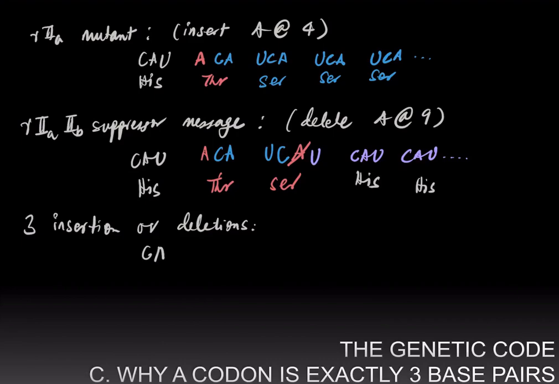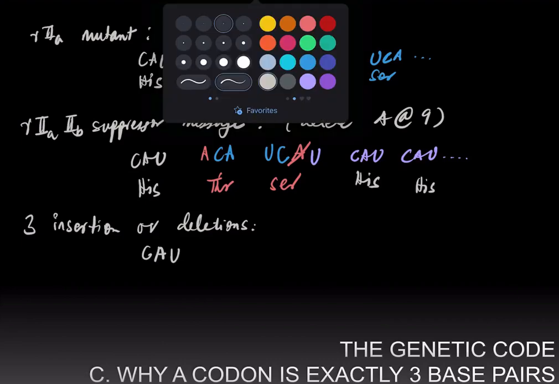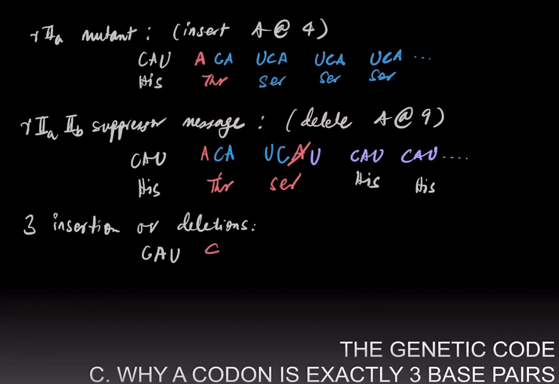So if I have CAU and then the first C is deleted, that creates a mutant, but then we again delete another A. Then we have U, CA, and let's say we delete the U after this.